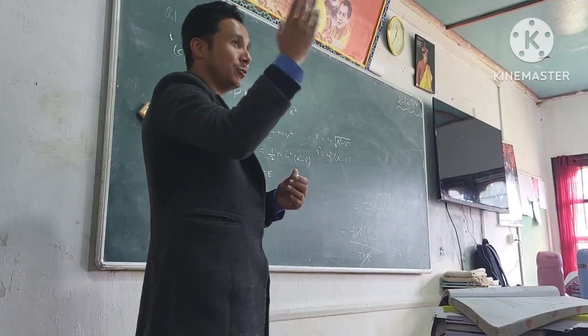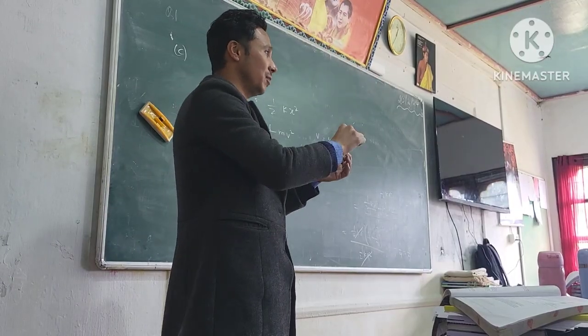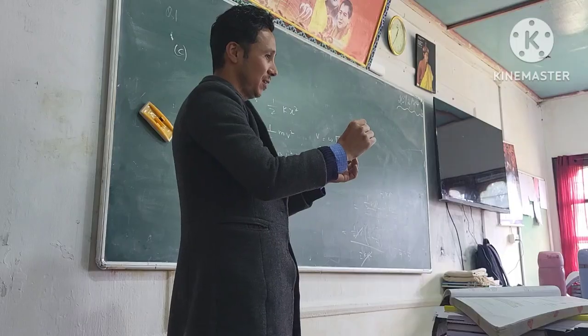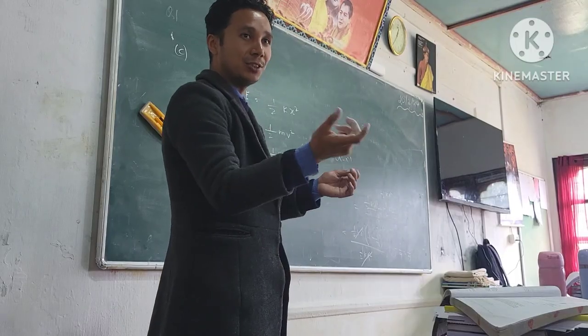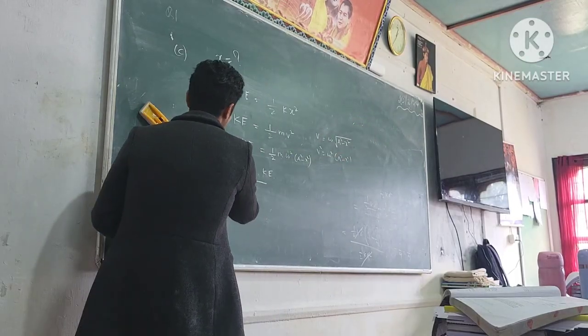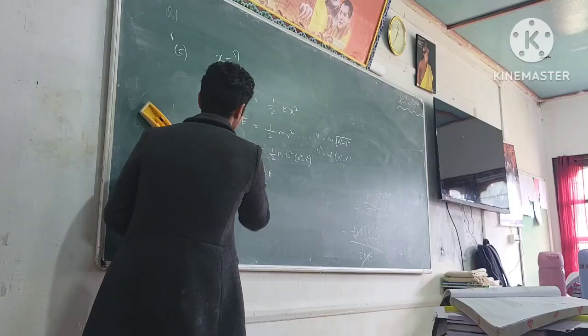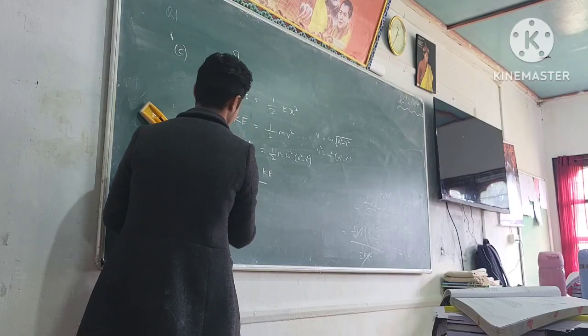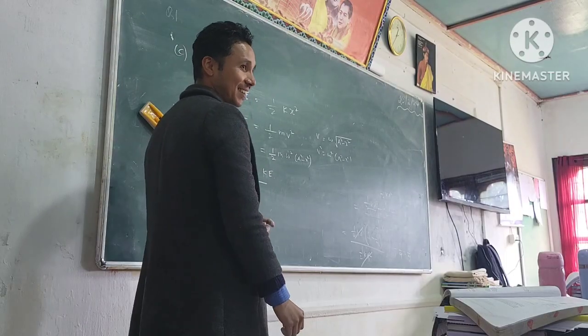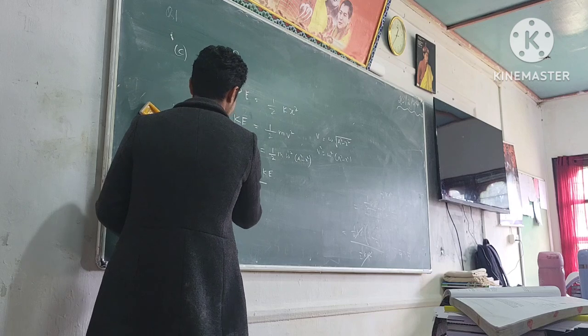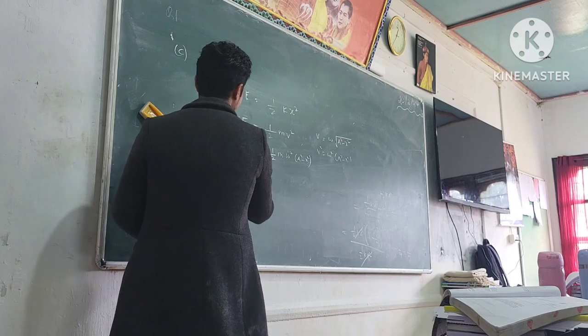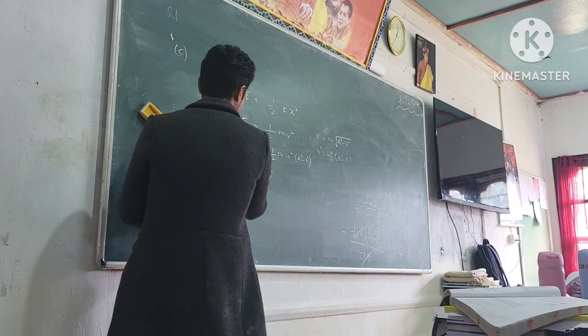Suppose total energy is 10 joule and potential energy is 5 joule, the kinetic energy has to be 5 joule. It has to be equal. So half cancels out. Is there any confusion?